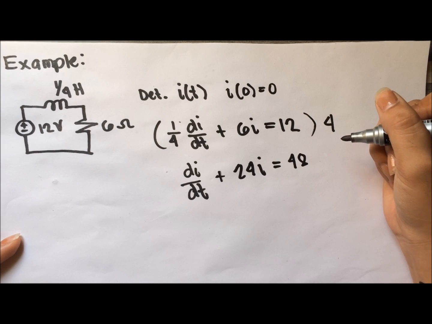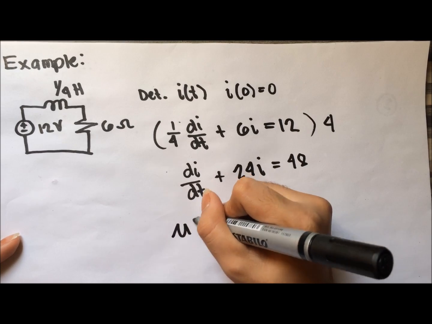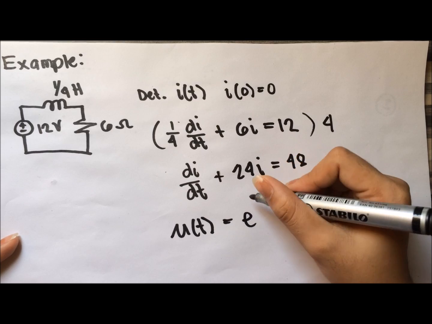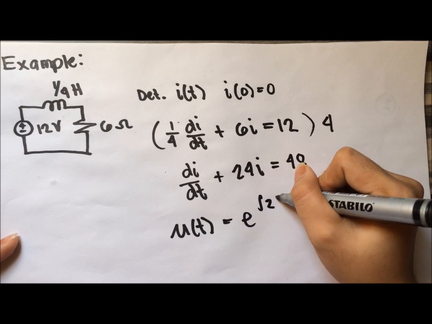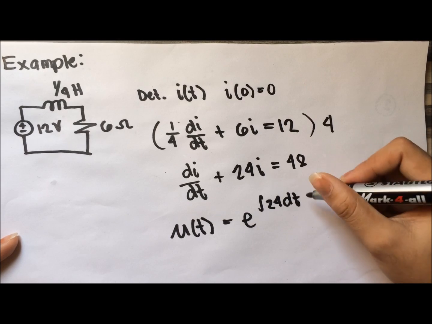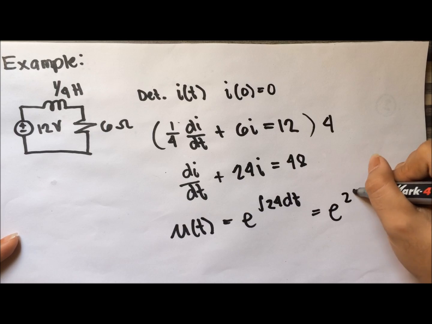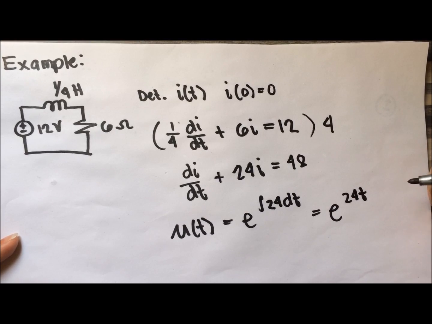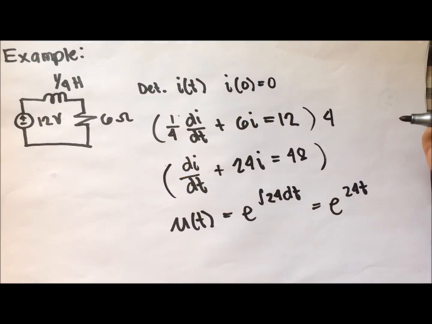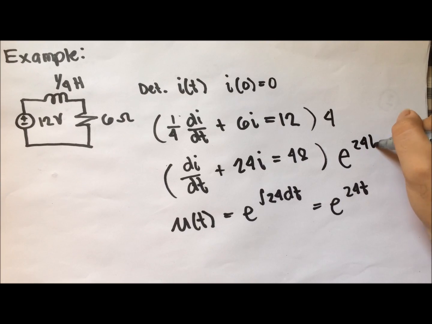We're going to solve this using the integrating factor, where mu of t is equal to e raised to the power of the integral of 24 dt. So our integrating factor is equal to e raised to the 24t. We will multiply both sides here by our integrating factor e to the power of 24t.